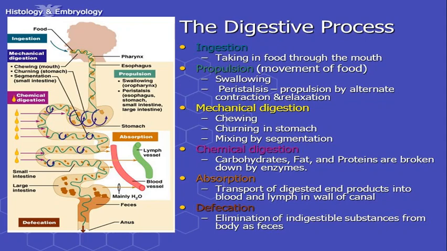further forward. This food is then moved to the stomach, where it is further mechanically digested by churning and mixing process. Then this food is moved to the small intestine, where it is chemically digested with the help of enzymes.